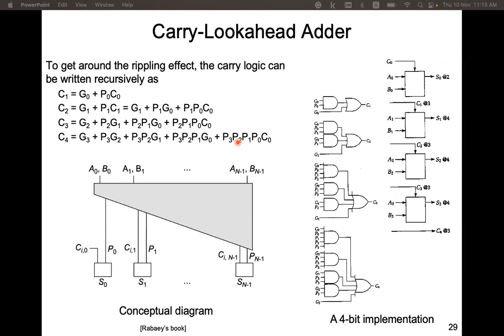For longer bit widths, if you directly apply this technique, it won't offer any speed advantage. But there is a hierarchical way to use this concept to improve the speed for a long adder.